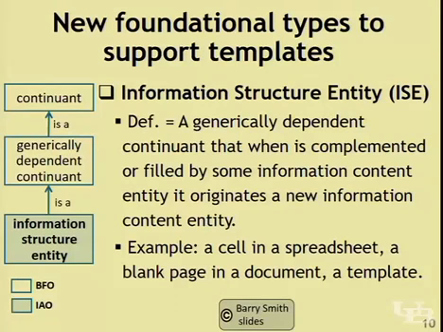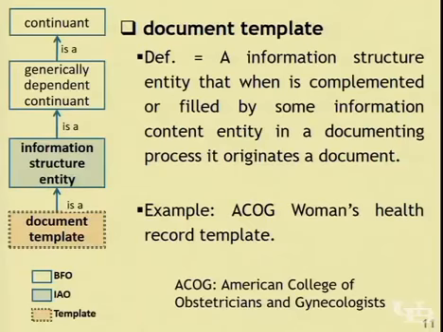An information structure entity is a generically dependent continuant such that when we fill it with some information content entity, we originate a new information content entity. For example, the template: when I fill the template, I'm creating a document. That's basically the idea. Then I propose the creation of the document template entity as a subtype of an information structure entity.